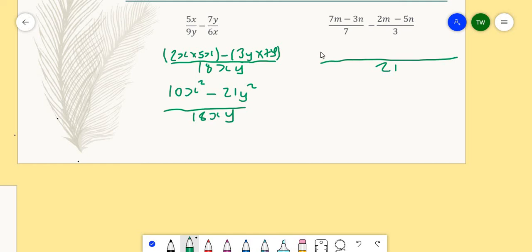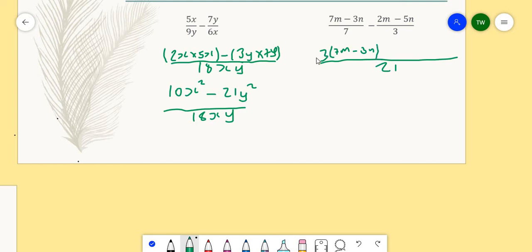We're going to take that 3 to multiply our numerator here. Now, all we're going to do is put 3, put a bracket, and write the numerator in there, which is 7m minus 3n.